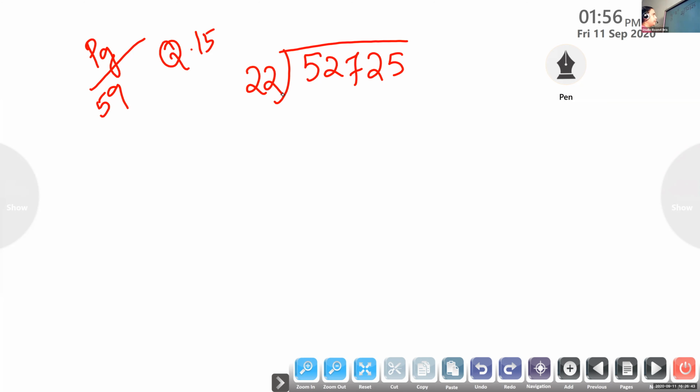So children, first write the table on the side. 22 into 1 is 22. 22 into 2 is 44. Ishab, can you please start the table of 22? Okay. 22 into 2. We can do it like this also. 2 into 2 is 4. Again, 2 into 2 is 4.